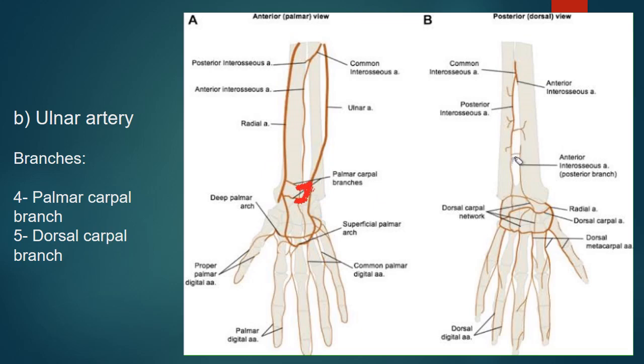On the dorsal aspect, similar to the radial artery, the ulnar artery also gives off the dorsal carpal branches, this one, which anastomose with the dorsal carpal branches of the radial artery and form anastomosis around the wrist joint. And here is the terminal part of the ulnar artery, which forms the superficial palmar arch in the hand.